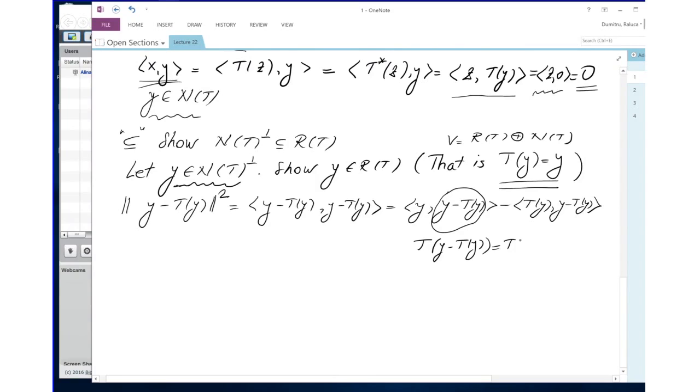But T is linear, so this is T of Y minus T squared of Y. Remember our assumption, T equals T star equals T squared, so this is 0. So this guy here belongs to the null space of T. So the first inner product is 0.